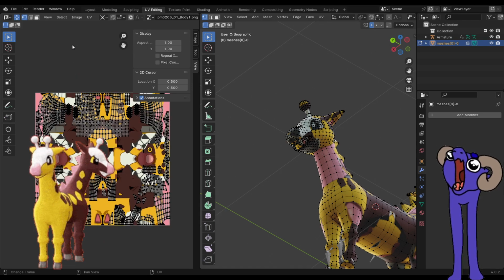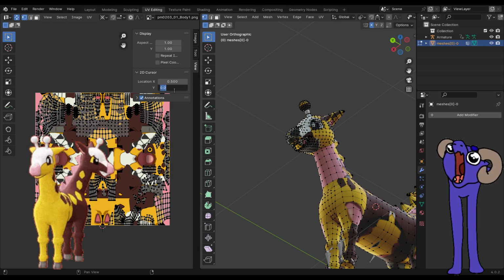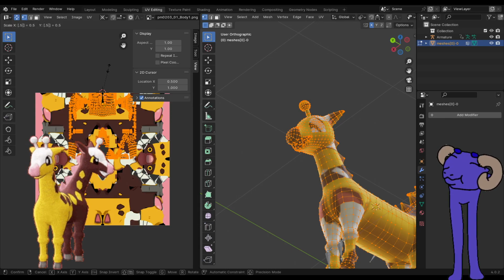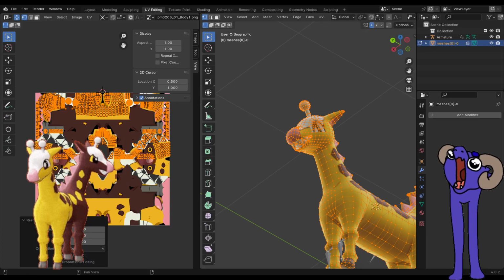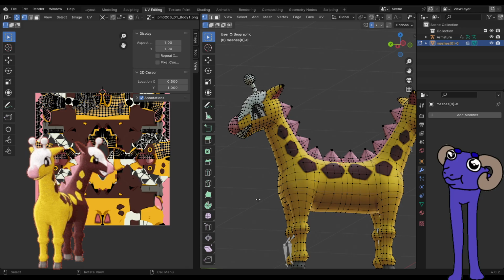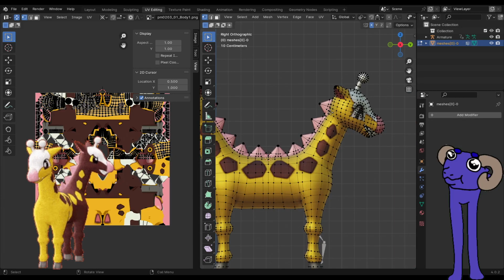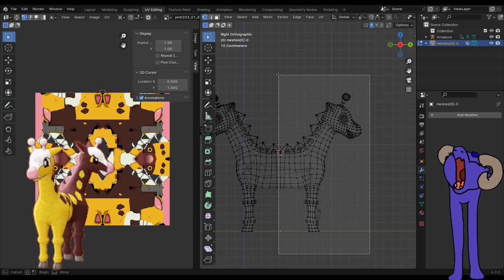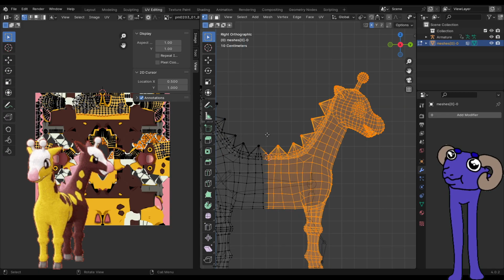And that now currently looks very strange, but if I shove that at 0, no, 1, then I scale this down to 0.5, but only on the y-axis. It'll now look the same. And now I just need to grab specifically the back half.